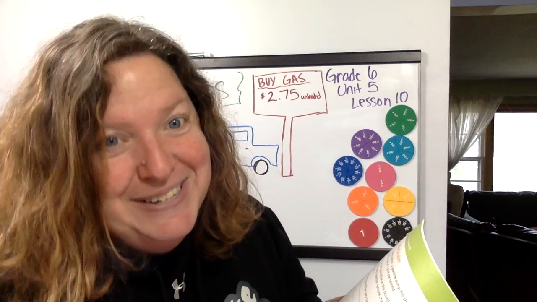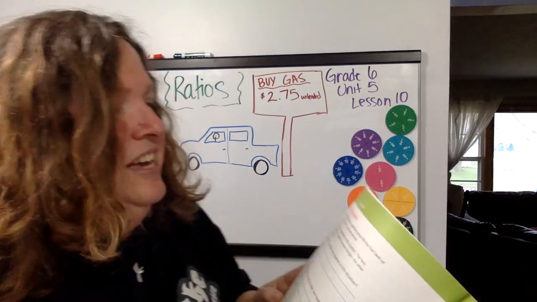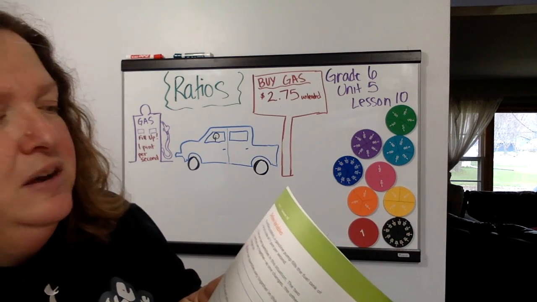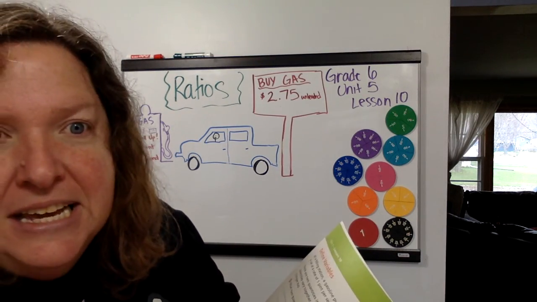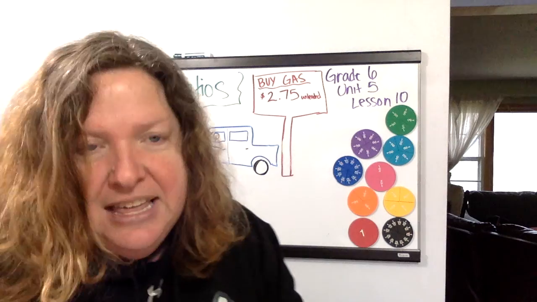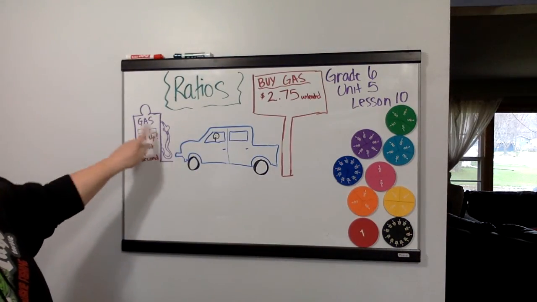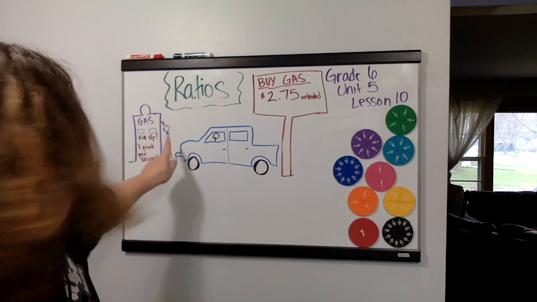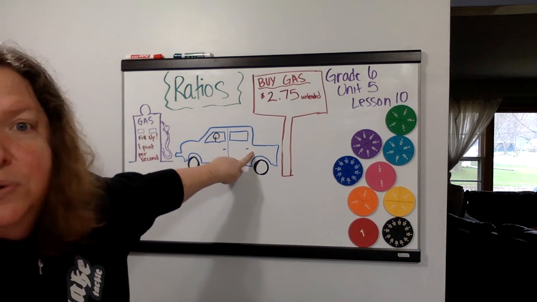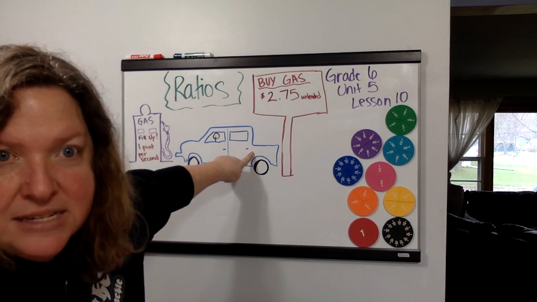Gasoline is the long word, in case you didn't know, and gas is the short word. Fuel tank is another word for gas tank. It fills the tank at a rate of 1 pint per second. That's how fast the gas comes out of the pump and goes into your car's gas tank.